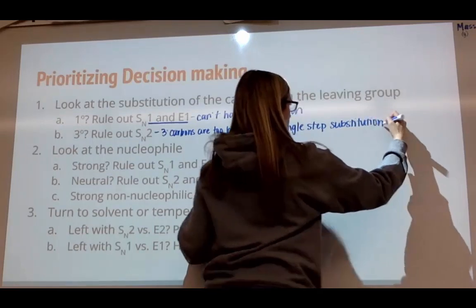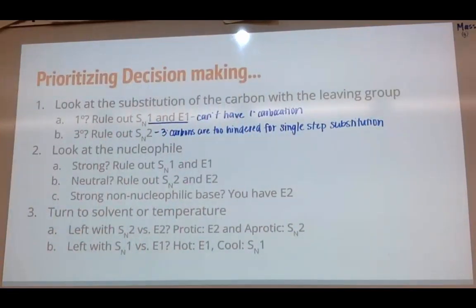SN2 reactions occur all at once. Tertiary carbons are too hindered. The nucleophile can't get in and attack that alpha carbon. So if it's a tertiary alpha carbon, we can rule out SN2. So just with the degree of substitution, we can eliminate different reactions.